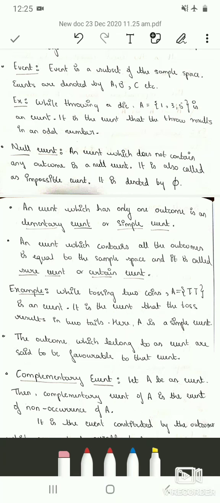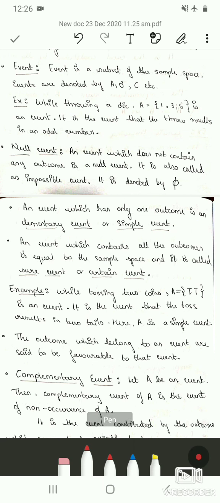An event which contains all outcomes is equal to the sample space, and it is called a sure event or certain event. So an event which has all the outcomes that are in the sample space is called a sure event or certain event.